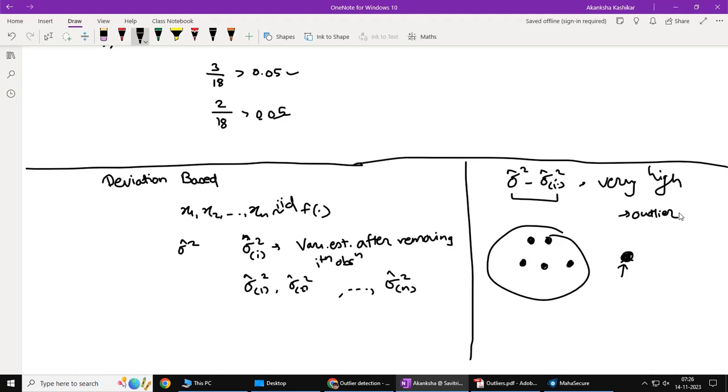One very simple way of generalizing it is to do this for every variable and then combine. So take the average of this quantity across all the variables, or take the sum across all the variables, and see which observation scores high. So this will be a way of converting it from the univariate to the multivariate setup.